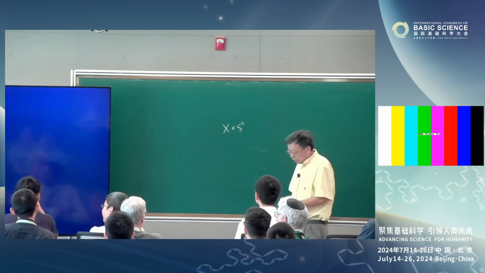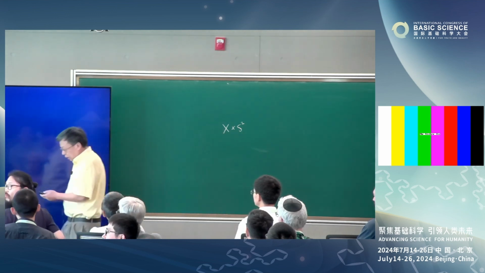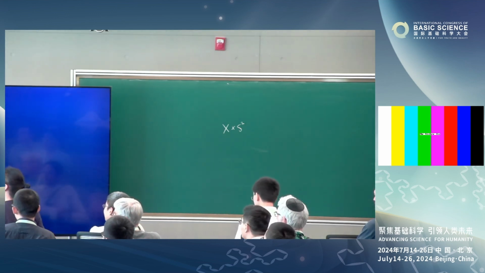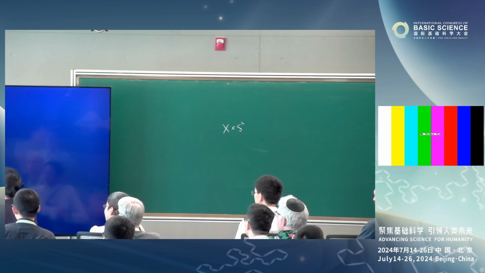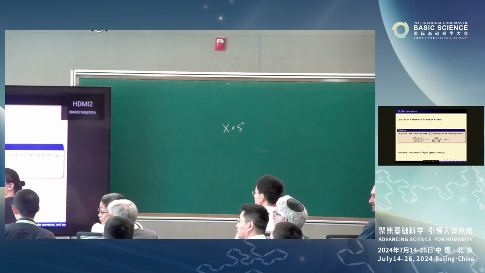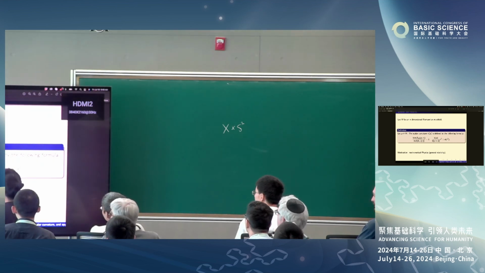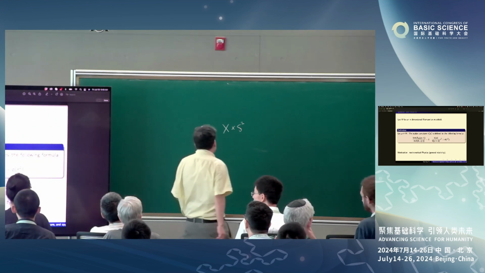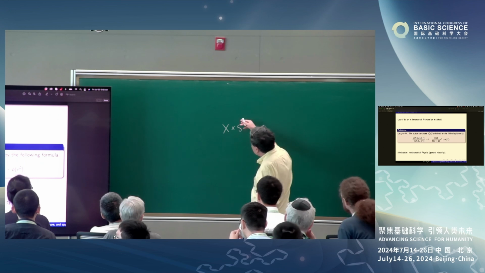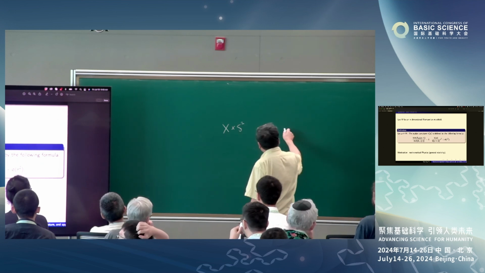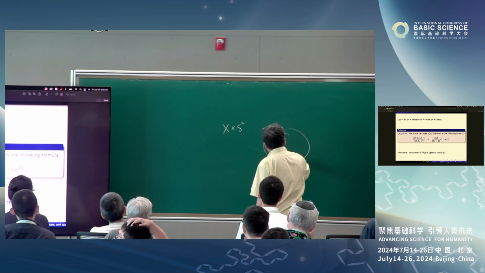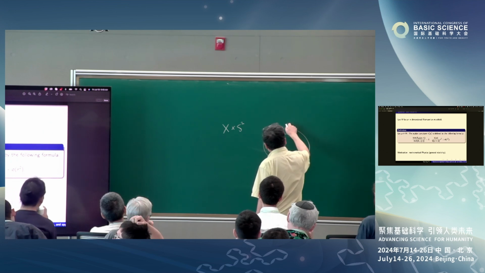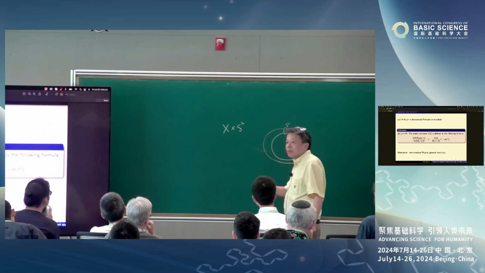So intuitively, if the scalar curvature is positive, then locally it's this kind of fibration. Locally there's an S2 in some direction.